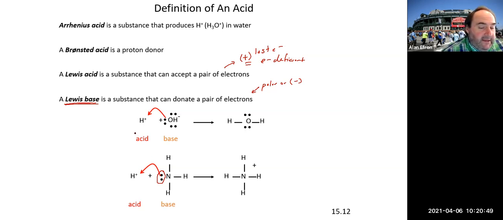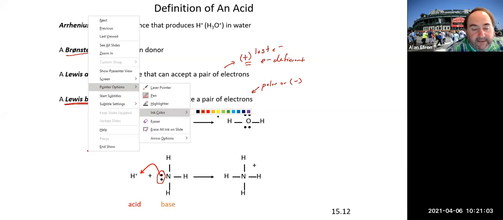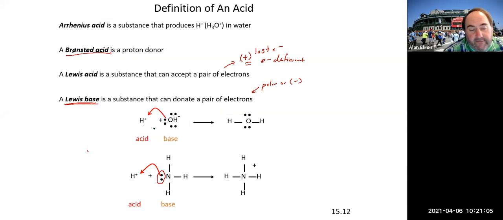Now, is this different than what you would get if you looked at the Bronsted-Lowry definition? And the answer is no, it's the same. In the Bronsted-Lowry definition, we talk about something donating an H plus and accepting an H plus. So in this case, this guy would donate the H plus and still be the acid, and this guy would accept the H plus and still be the base.